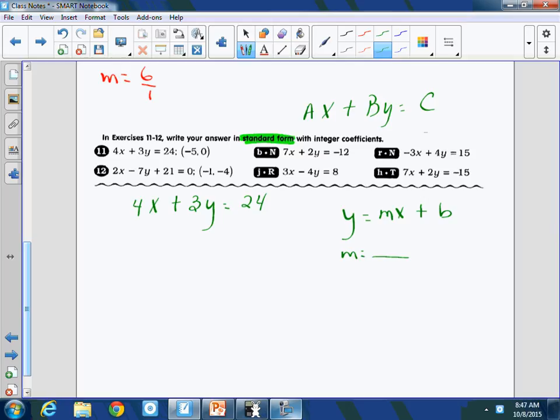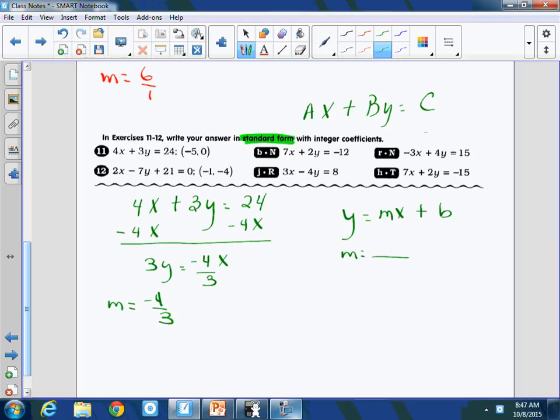Okay? So let's see, minus 4x. And I'm not going to worry about the 24, right? Why not? We don't need it. It's your y-intercept, I don't need it. So that would be 3y equals negative 4x, and I divide by 3. So this slope is negative 4 thirds, right? No, I'm sorry.